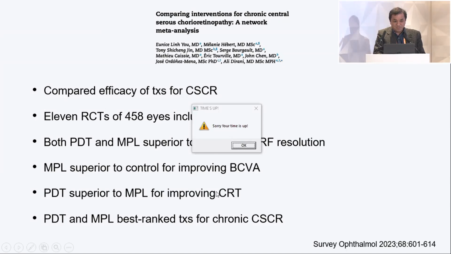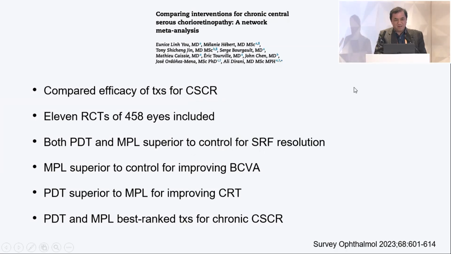So this is a meta-analysis that was recently published in Survey of Ophthalmology and compared the efficacy of different treatments for CSCR. And look, they got 11 RCTs of over 450 eyes. It says that both PDT and the micropulse laser were superior to the control for subretinal fluid resolution.